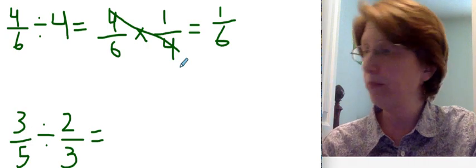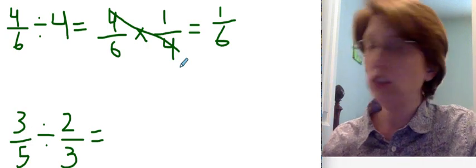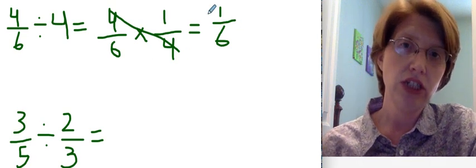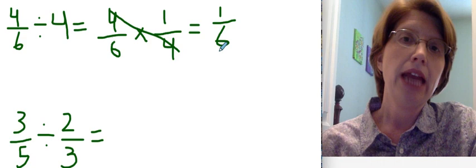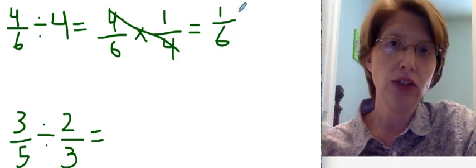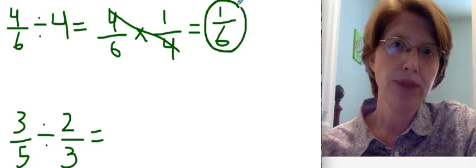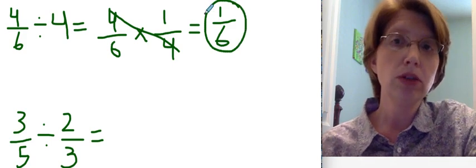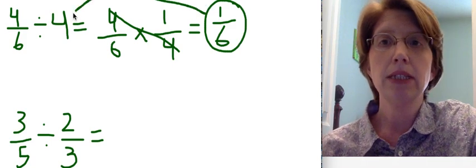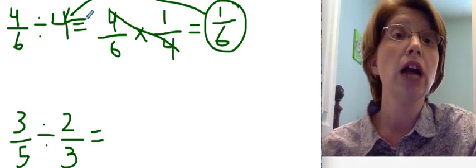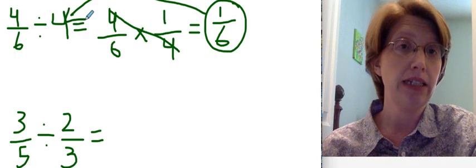And it basically just turns it into a 1, which multiplies out to be the same. So if I were going to check this, I did the division, I have my answer. Now I'm going to take my answer and multiply it times this original number before I flipped it.